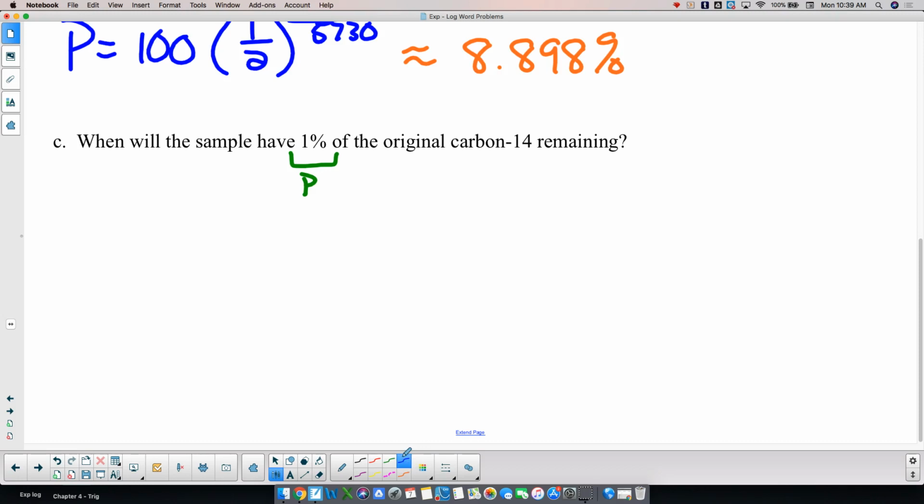So I want to know when there's going to be 1% left. So 1 is equal to 100 times 1/2 to the T over 5,730. How am I going to solve that one?